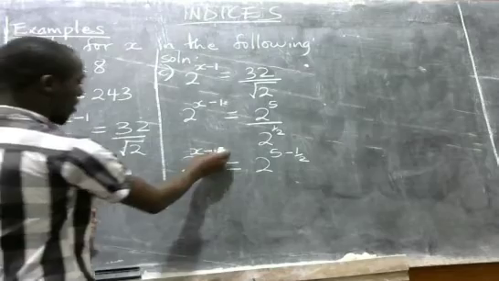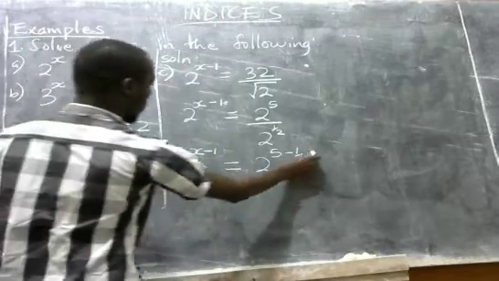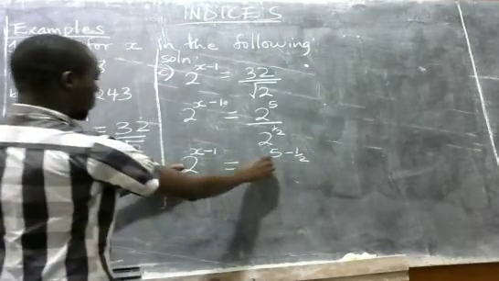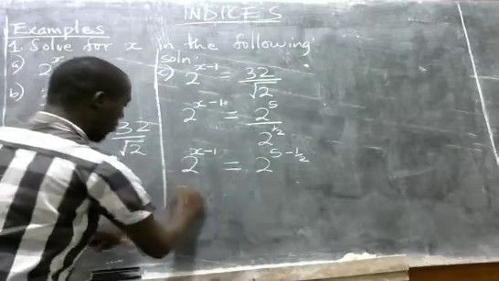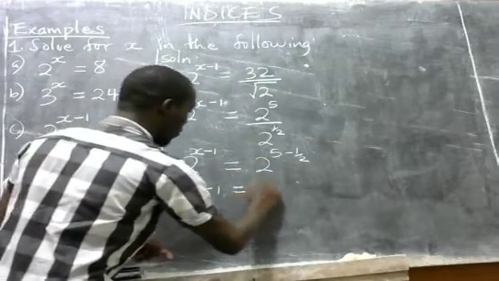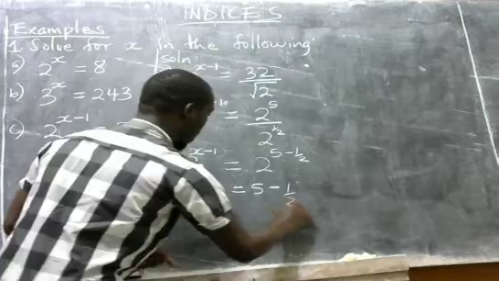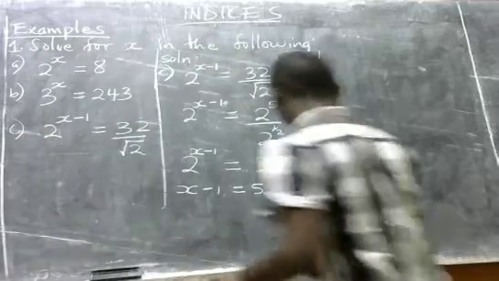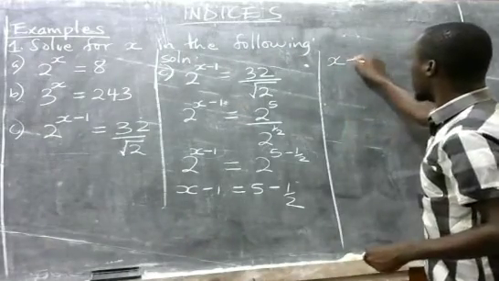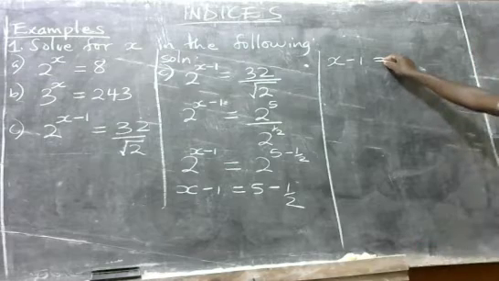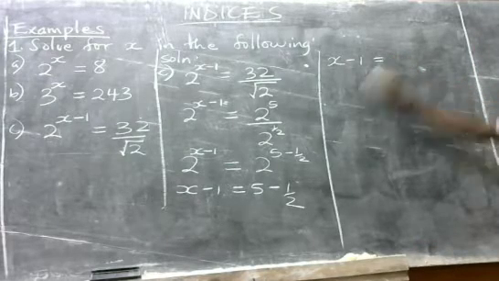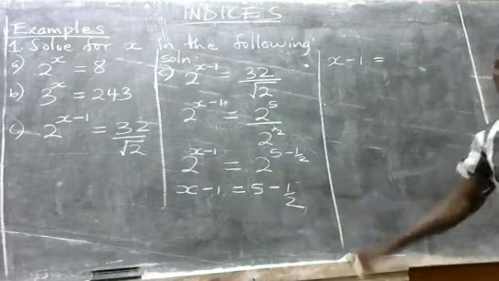So now our power here is the same as the power there because the bases are the same. So x minus 1 is equal to 5 minus a half. On this side we have fractions.